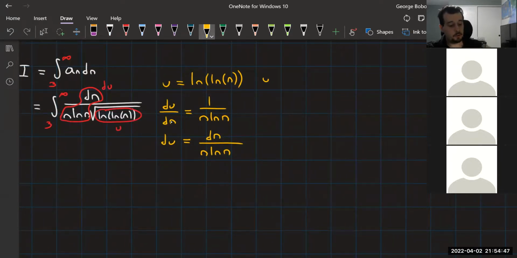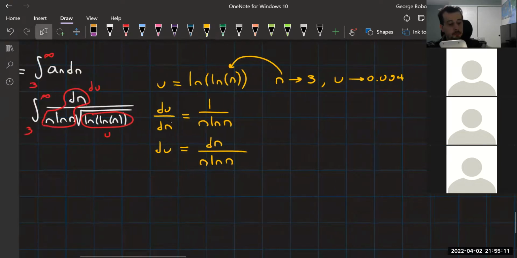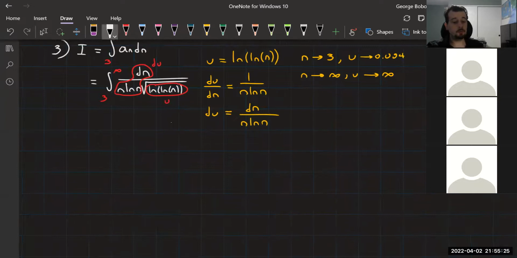If n goes to 3, I plug that back in here. That's not going to be an exact number, so I apologize. ln of 3, and then ln of that is 0.094. So u goes to 0.094. And if we plug infinity into the substitution, we get infinity. So we're changing the bounds as well.